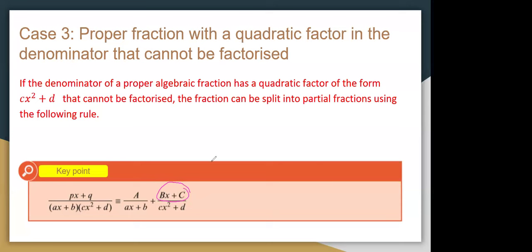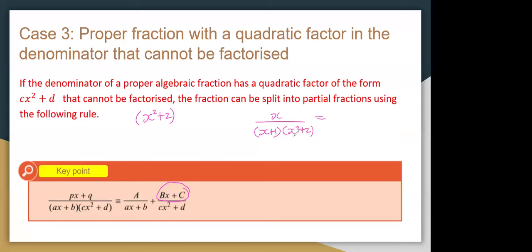I can give you an example. You'll find things like x squared plus 2. So take an example: you can have something over x plus 1, then something over x squared plus 2.